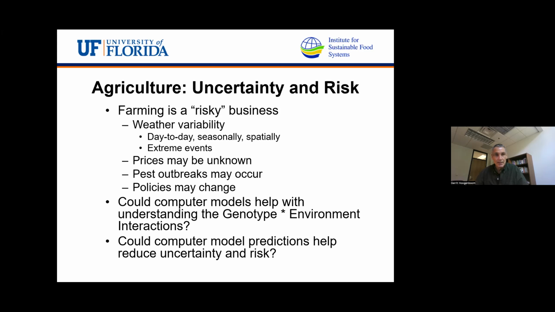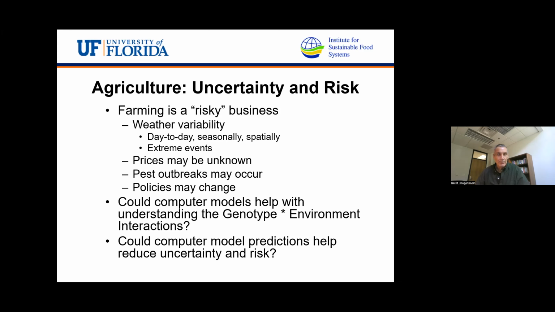On top of that, the economics are also very much uncertain. The prices a farmer might receive for his crops, and also the input costs, with currently the cost for fertilizer going up very rapidly because of the energy cost. Then we have pest and disease outbreaks, and last but not least, we also have various countries who have different policies in place to control some of the exports as well as imports of agricultural production.